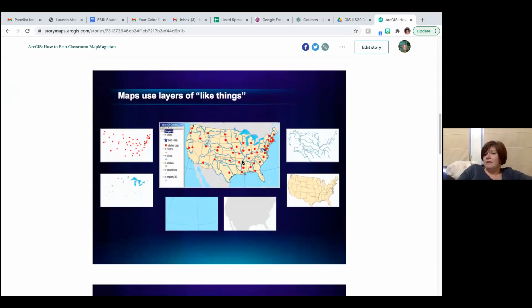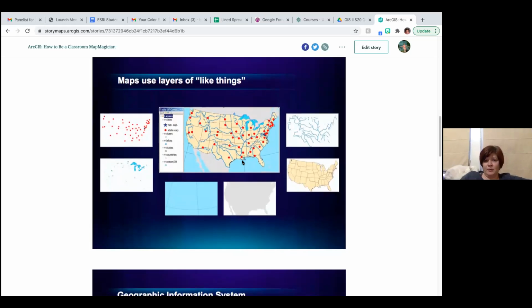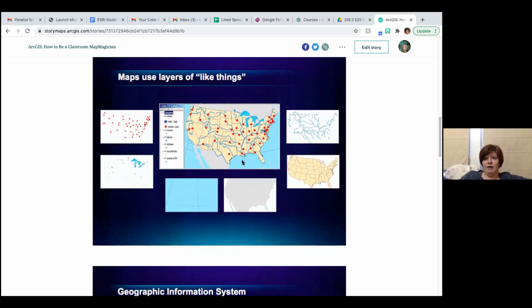So ArcGIS is used to create maps. Maps use layers of like things to be able to analyze what's going on in the world. We use it a lot lately for political geography when we've been looking at election results.